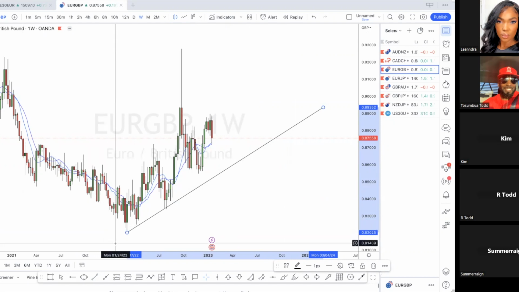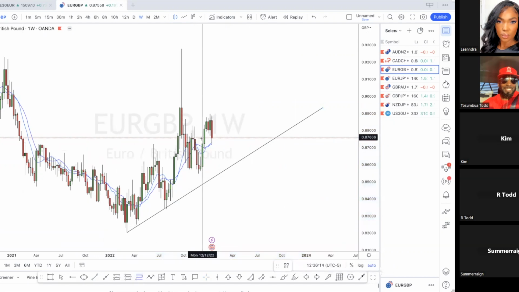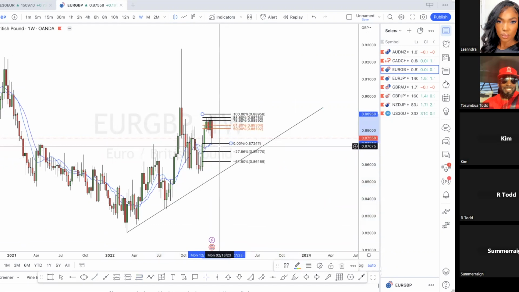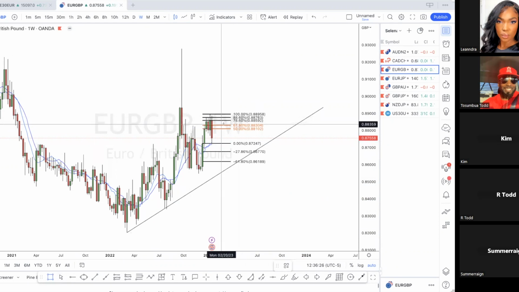So if we marked up this order block, we got the 50% 618 here.